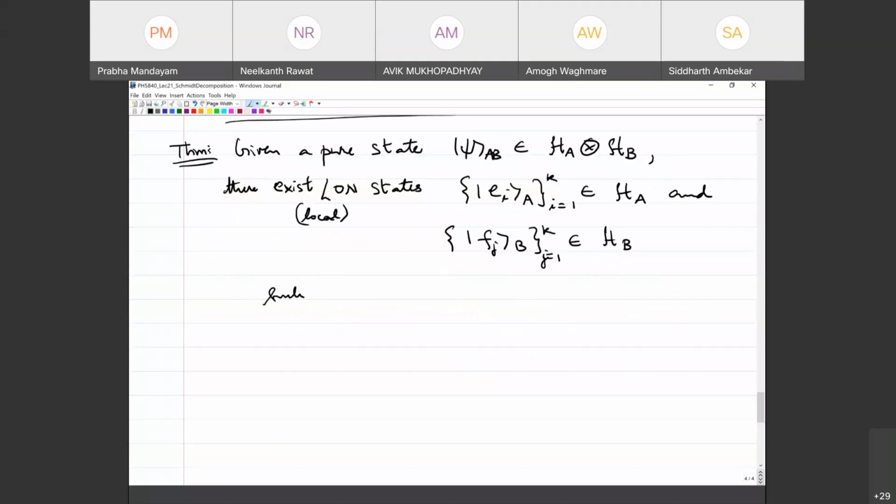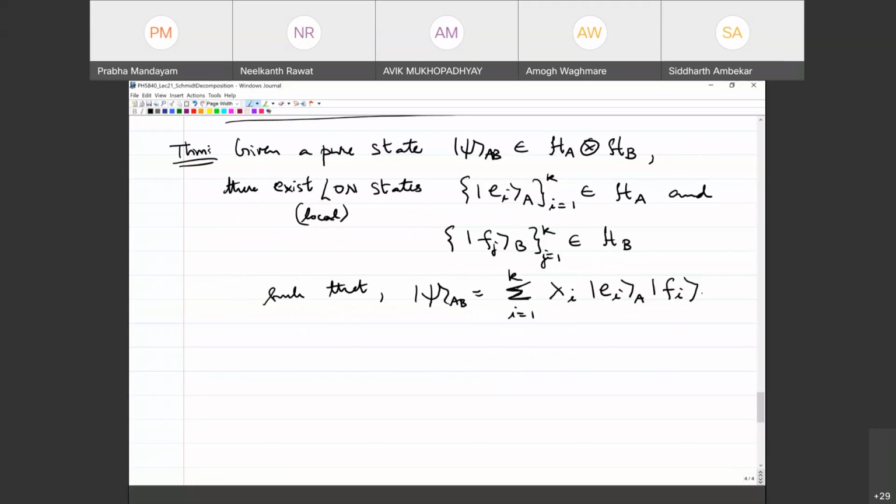Such that psi AB can be written as sum over I going from 1 to K, lambda I, EI, FI.